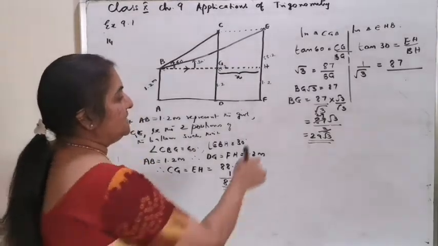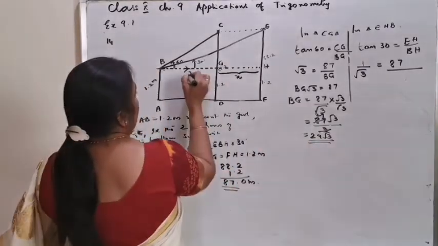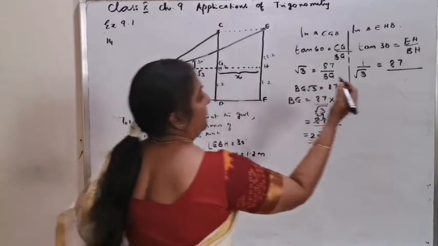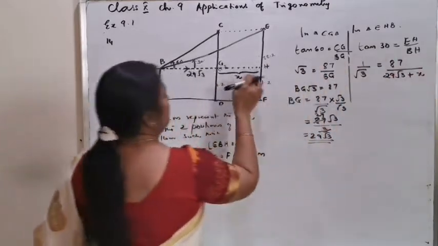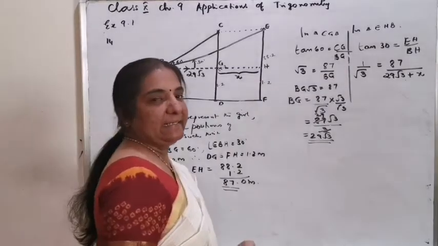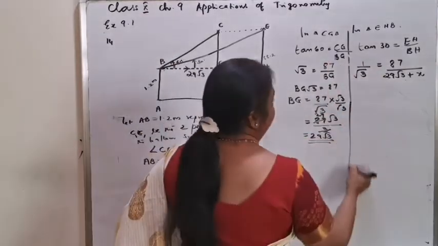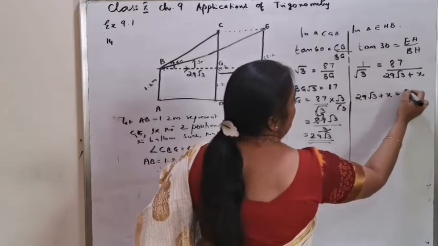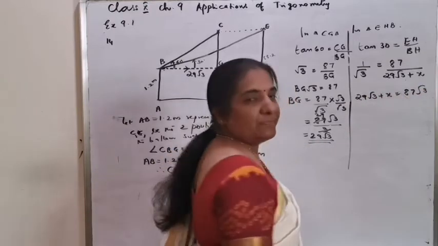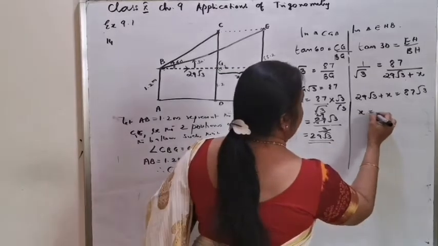The length of BG we already know as 29 root 3. So 29 root 3 plus X, the distance here. You will get directly the answer, cross multiply. 29 root 3 plus X is equal to 87 root 3.